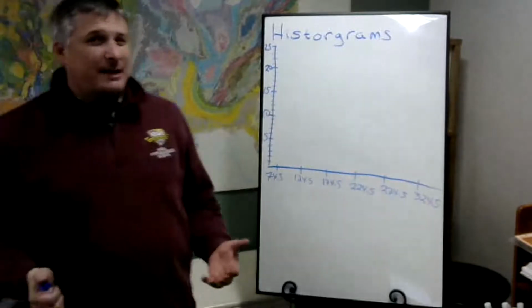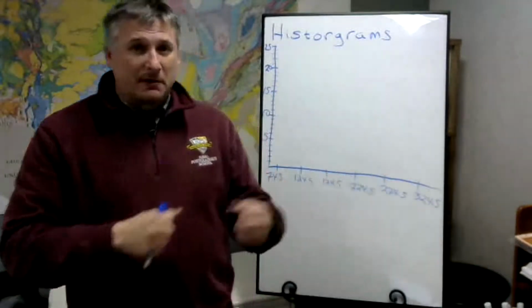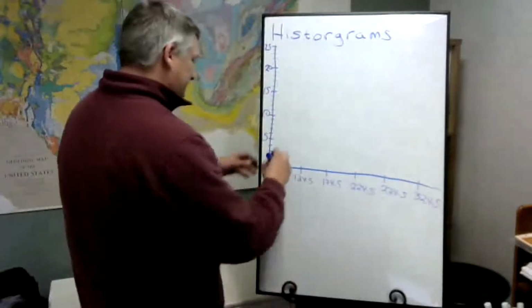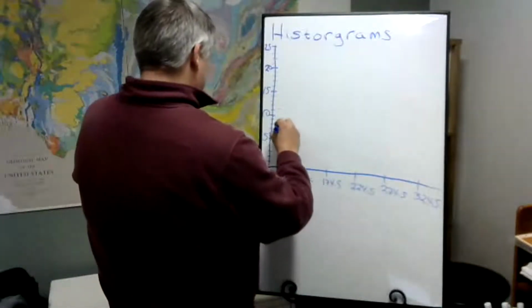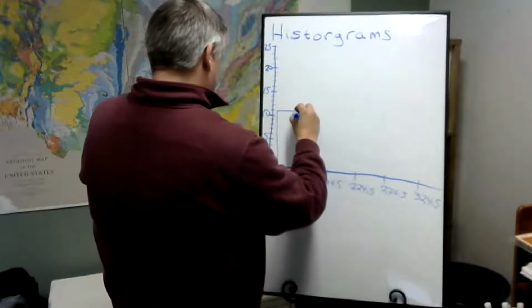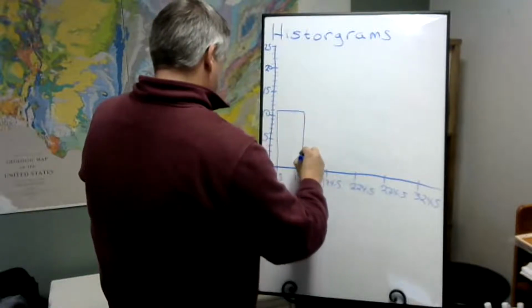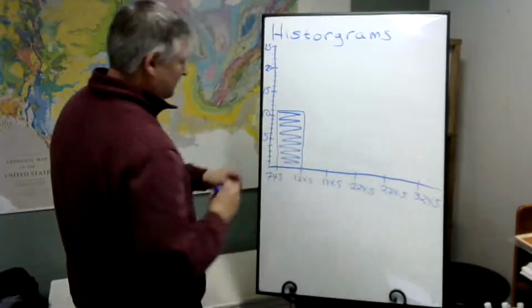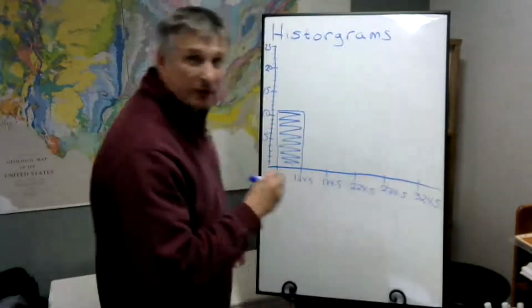Again, we're going to use class boundaries for the width of these bars. For the first one, the frequency was 11, so we can do something like this. Next one, 24.